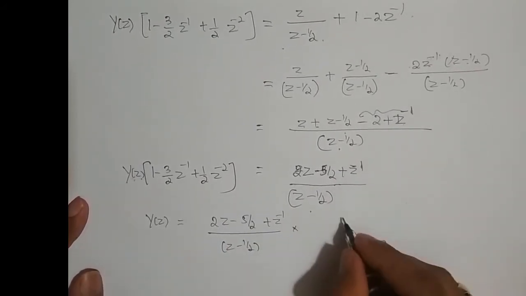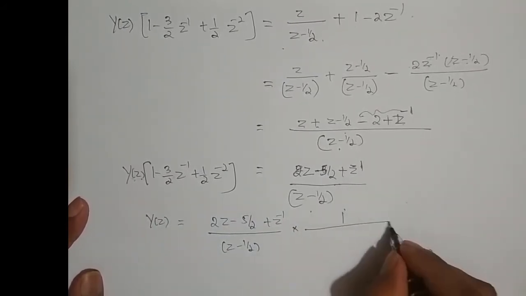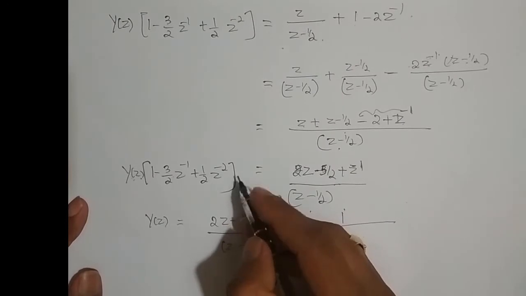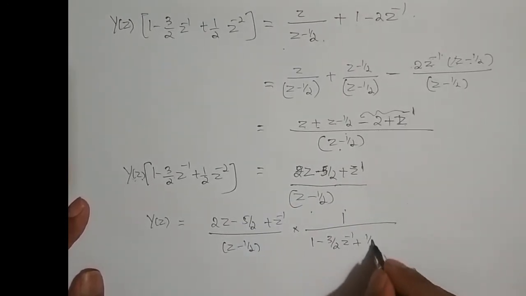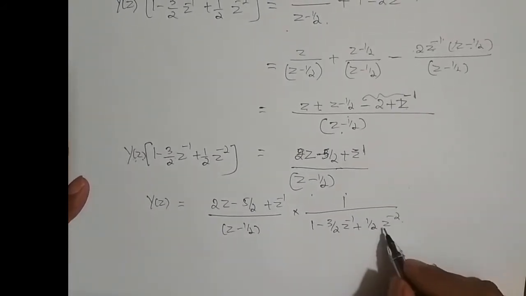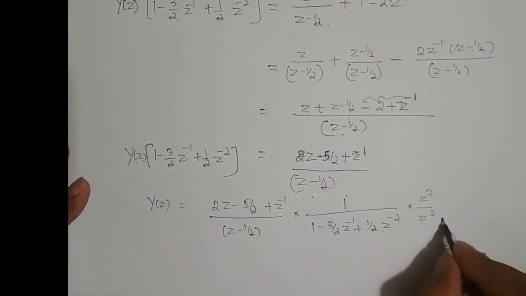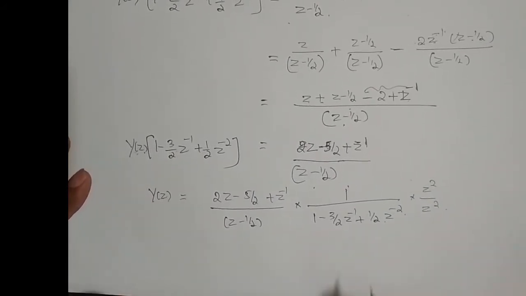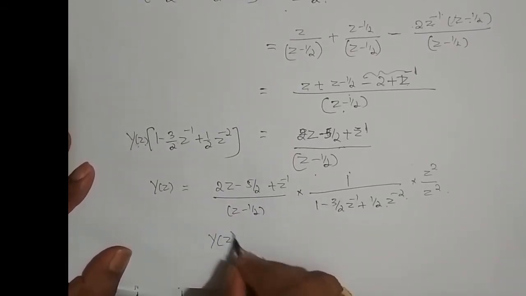This I retain as it is into 1 divided by 1 minus 3 by 2 z power minus 1 plus 1 by 2 z power minus 2. Fine. Now since it is negative power, I'll convert it to positive power by multiplying z square in the numerator and denominator. So let me directly simplify this.